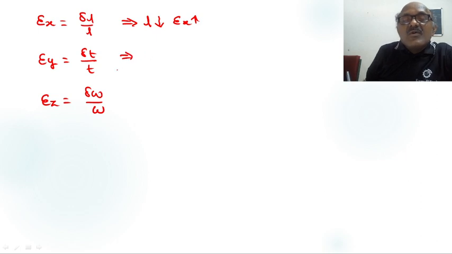Similarly, thickness also is less, so epsilon y is also more. Here width is more, my dear students.